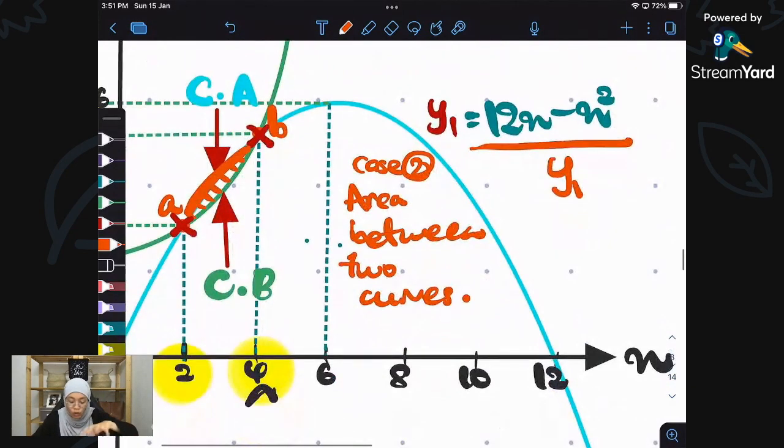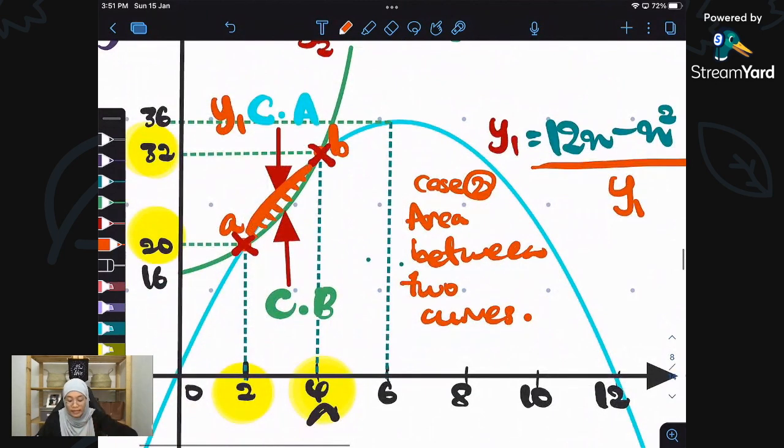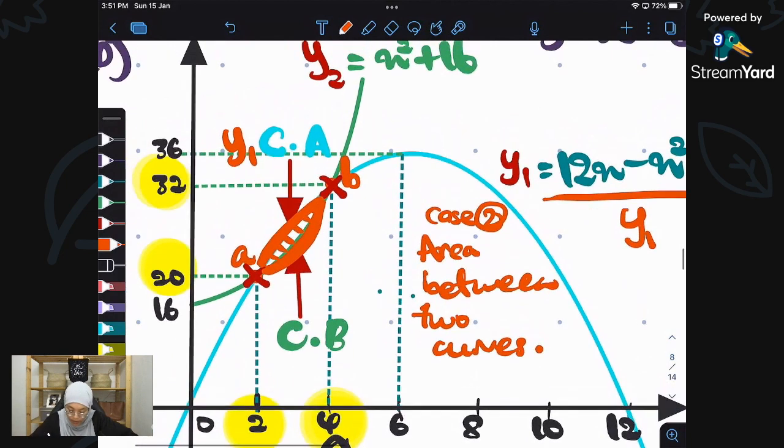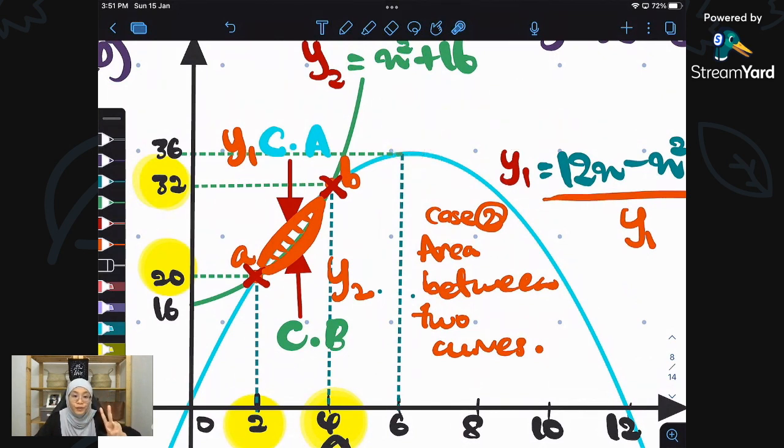So y1 will be minus with, maybe I label here. This is my y1. Okay, my y1 curve atas perlu ditolakkan dengan curve yang di bawah ini. Okay, so curve bawah saya adalah yang warna hijau iaitu y2. Therefore, formulanya akan jadi y1 minus y2. Okay, y1 minus y2.